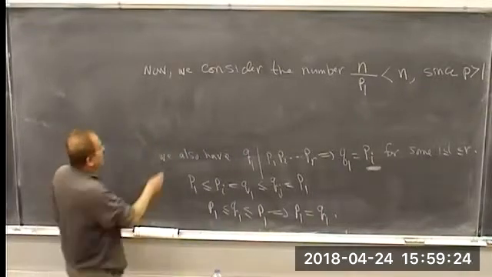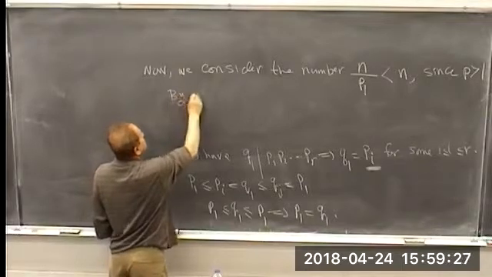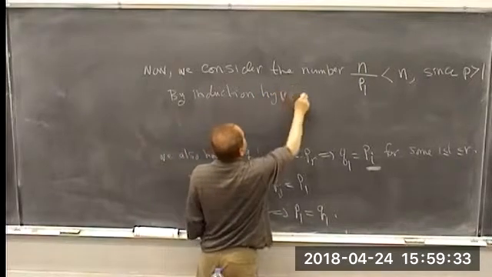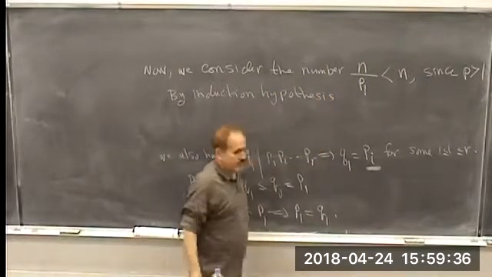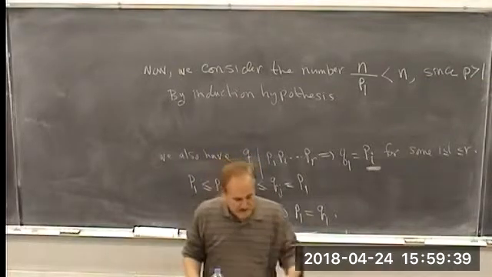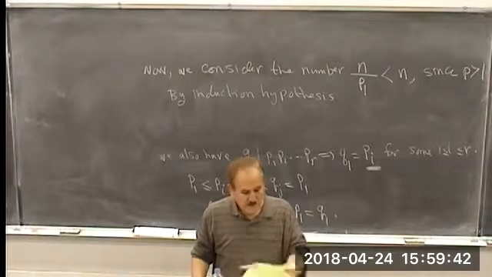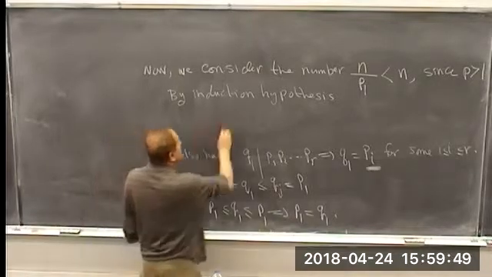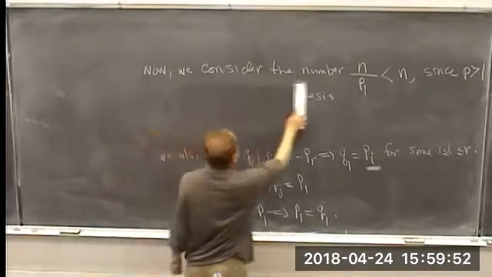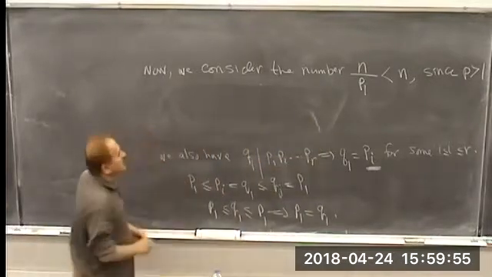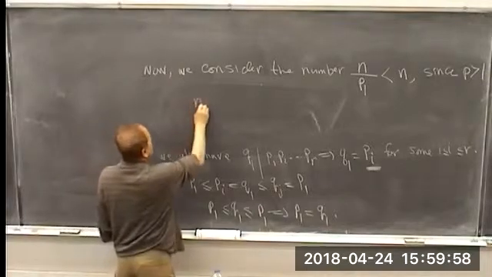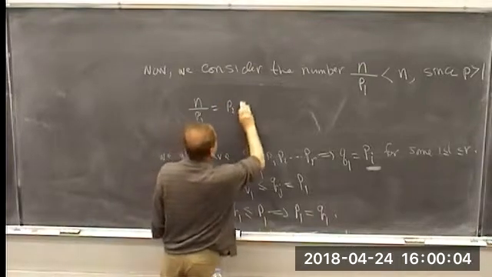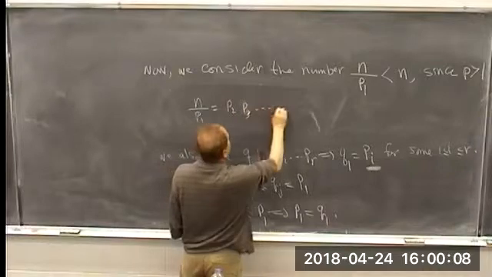Then by the induction hypothesis, in this case we have n over P1 is going to equal P2, P3, and so on to PR.